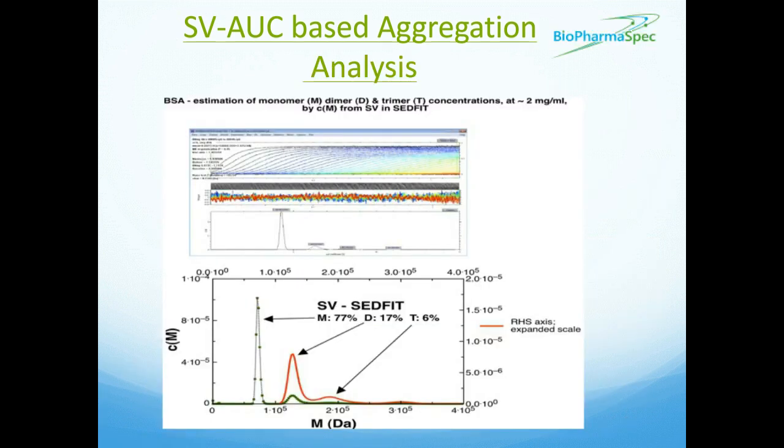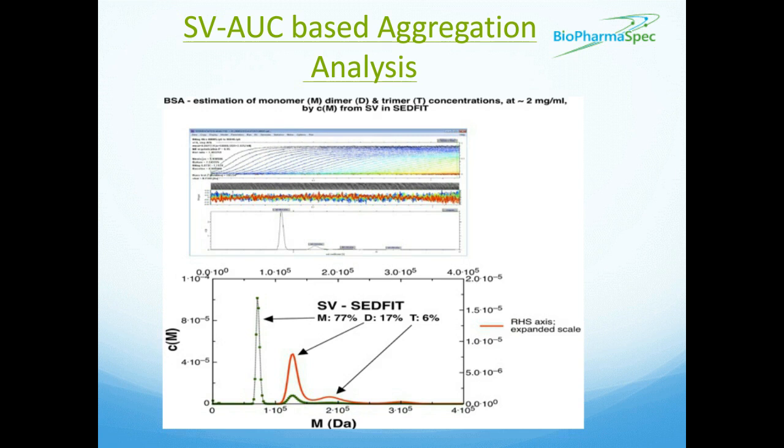Now, moving on, this gives you an idea of the data output that you get from SV-AUC. This example is BSA, and we've chosen that because I'll explain a little bit later. Clearly you can see a high amount of dimer and trimer, as BSA is known to have in solution.